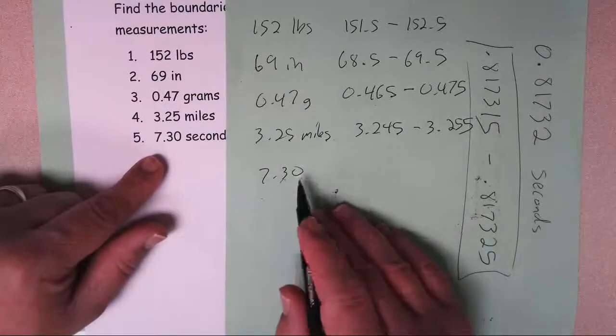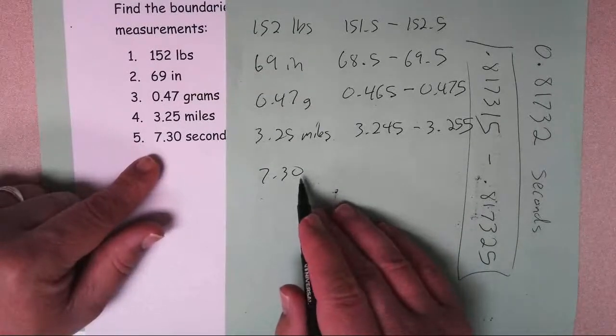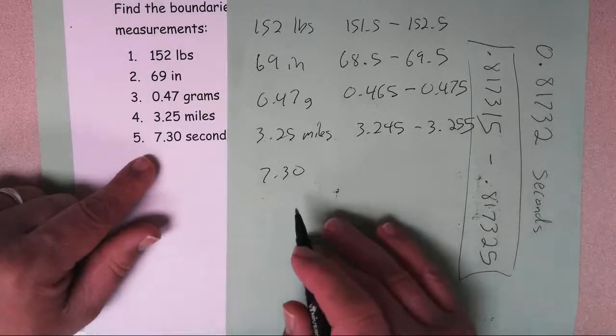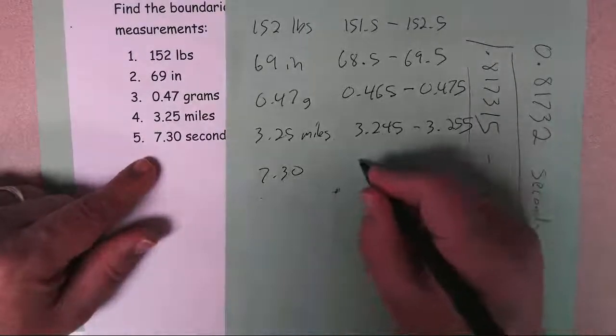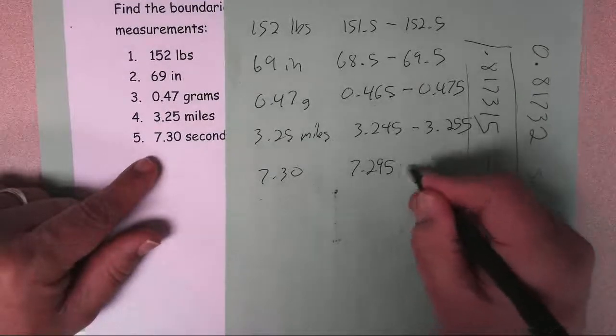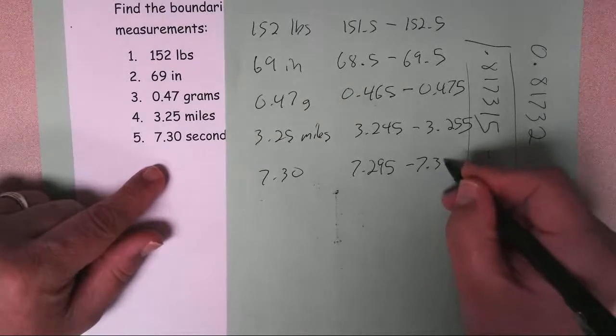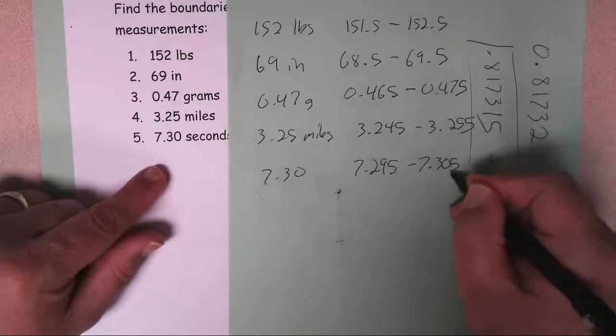So I can't lower the 0 by 1. So what you can do is think of this as being the number 30, and then lower 30 by 1, and you'd have 29. So 7.295, and then you keep it the same, 0, 5.